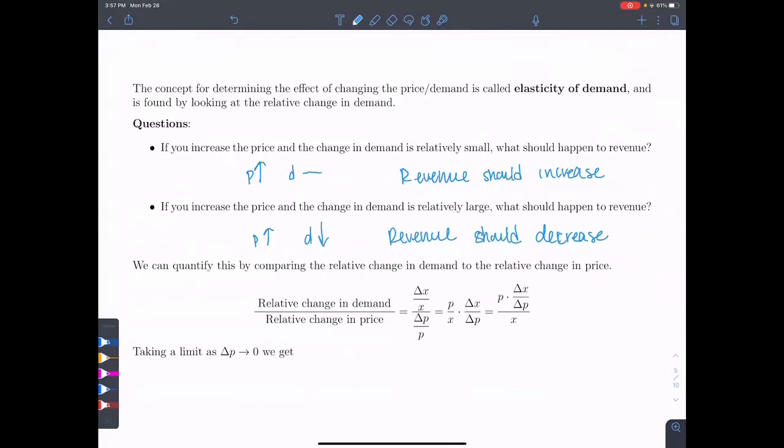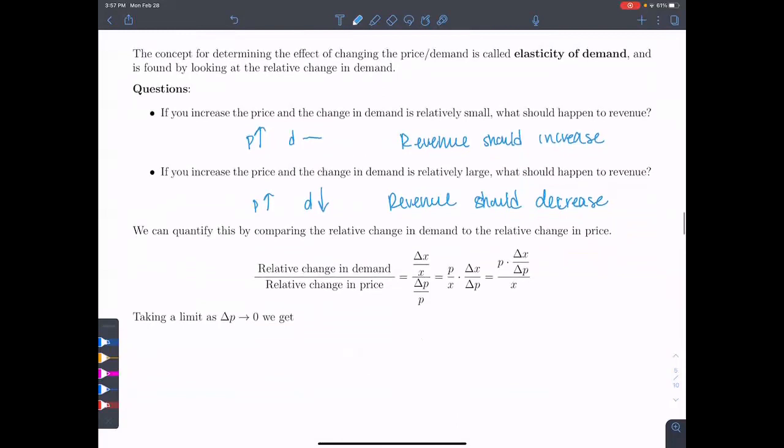We can quantify this by comparing the relative change in demand to the relative change in price. So what's happening to the change in demand as we change price? If you divide those to get a ratio, this is the percent change in quantity.